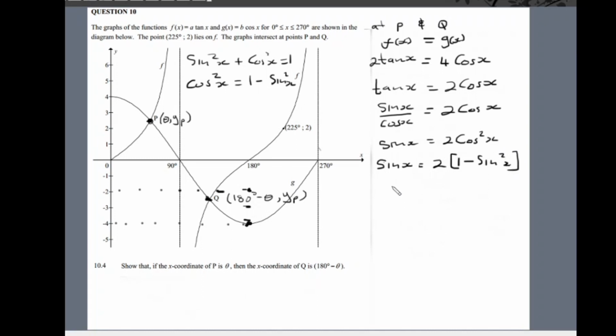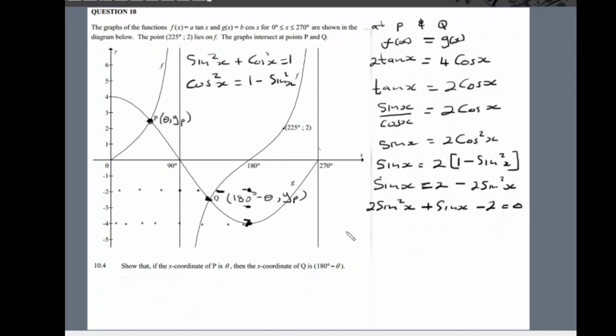Multiplying out the bracket, sin x is equal to 2 minus 2 sin squared x. Writing this in standard form, I will have 2 sin squared x plus sin x minus 2 is equal to 0. So now here I have a quadratic equation, right?